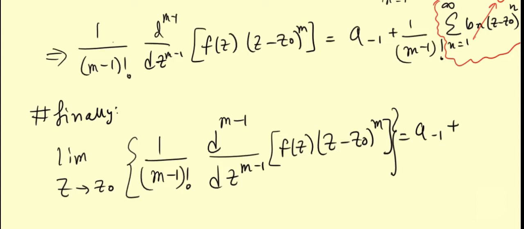Let me just go a bit downward because this expression is pretty big. So this part on the right hand side will have limit z goes to z naught 1 by m minus 1 factorial. This is pretty big, so sorry for that. I need another line for this.